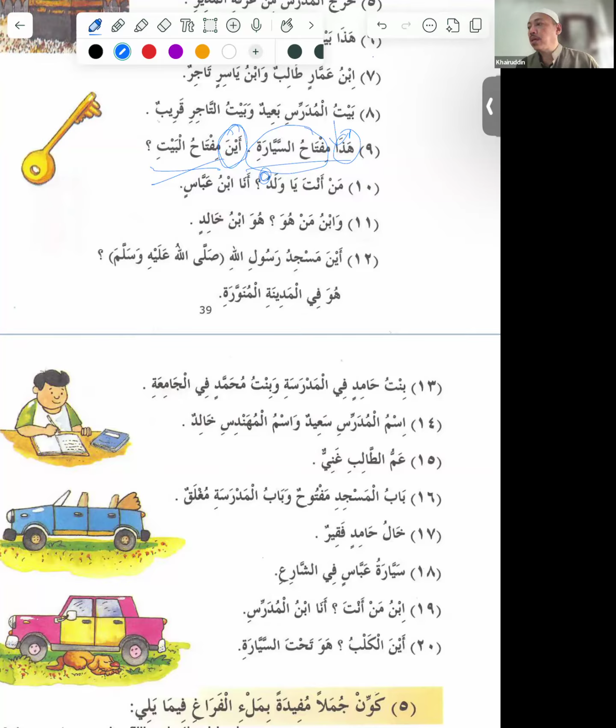Aina, where is the masjid of Rasulillahi? Here there are two mudaf ilay. The first one is Masjidu Rasuli. Remember, we mentioned before that the word masjid, because it's a mudaf, cannot take tanwin. So we don't say masjidun, but masjidu. This is the mudaf, and the mudafun ilay following it is rasuli, or rasulillahi.